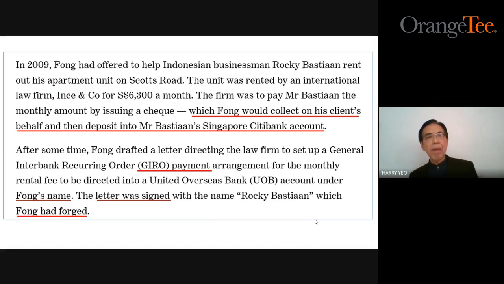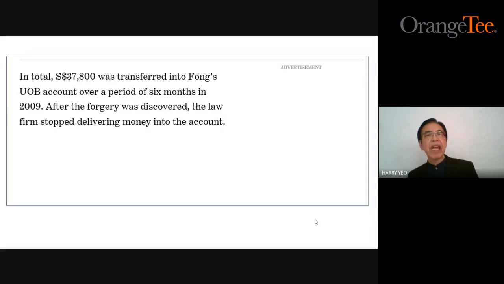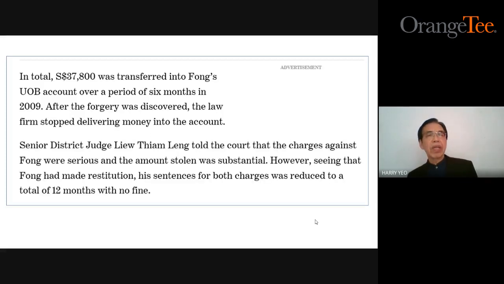The GIRO payment was arranged through a UOB account under the agent's name, and the letter carried a forged signature. Forgery is a crime. Cheating carries a maximum sentence of 10 years jail. So in total, $37,800 was transferred to the agent's account. The agent used it for his personal purposes and did not account to the landlord. So the district judge sentenced him to 12 months imprisonment, although he has paid back what he owed.